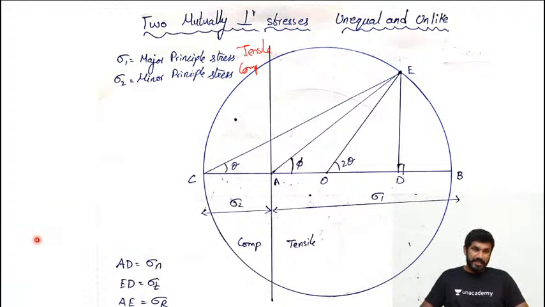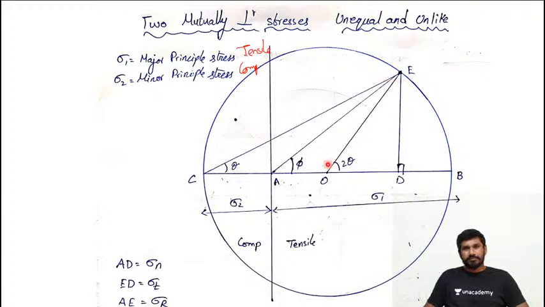Let's take it like this. From the point A, I am drawing a line up to B. AB represents the maximum principal stress or tensile stress. And from A to C, AC represents the compressive stress.